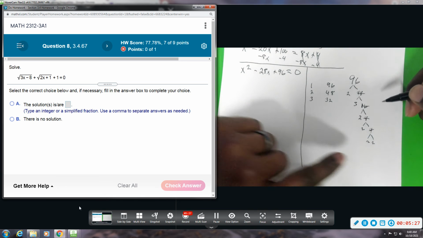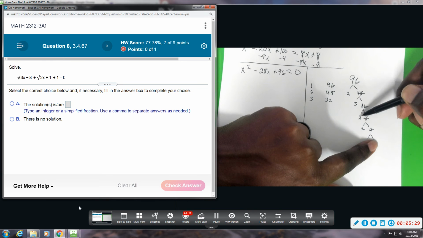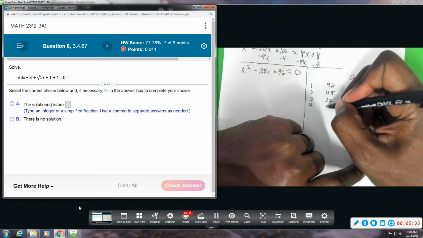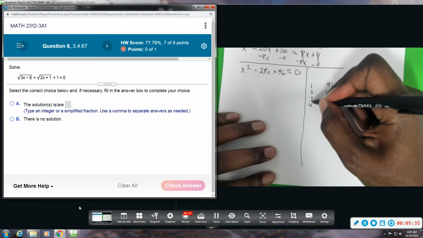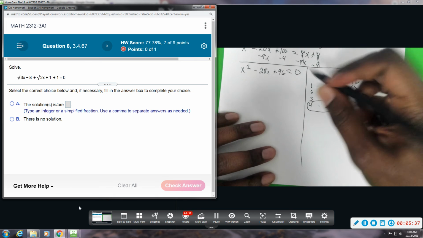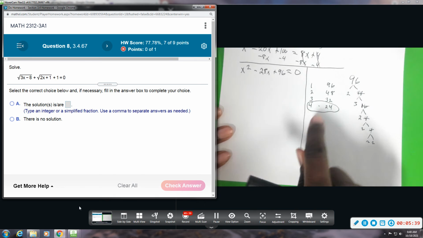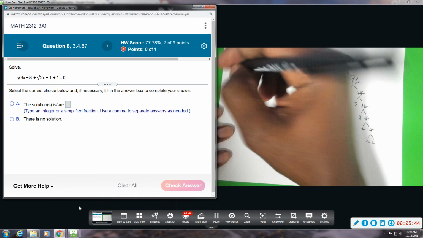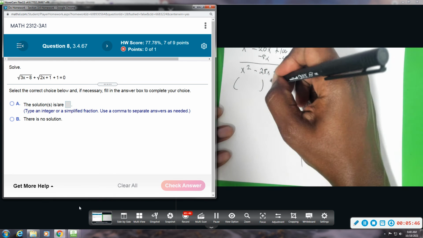And then 4 times 2, 4, 8, 24. So 4 and 24, that's what we need right there. 4 plus 24 will give you 28, I'm sorry. And they multiply to give you 96. Okay, so this will factor.